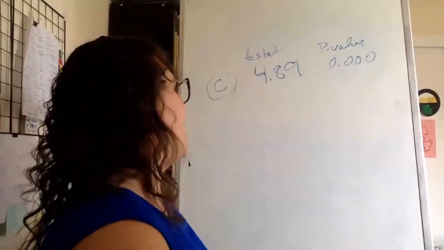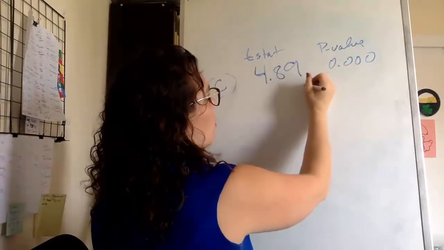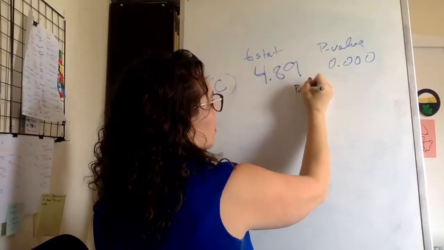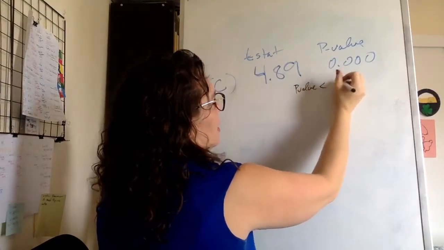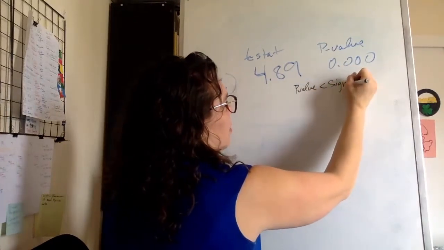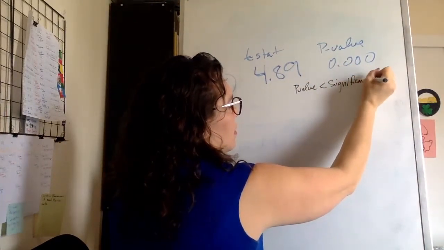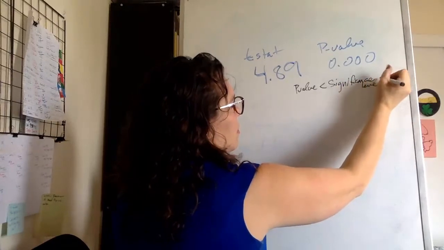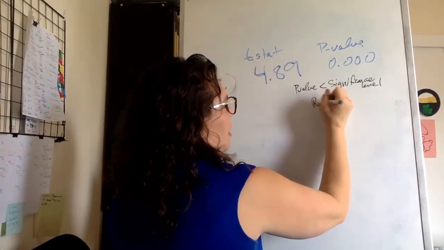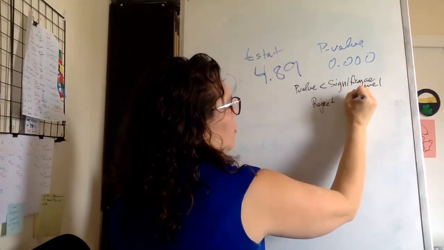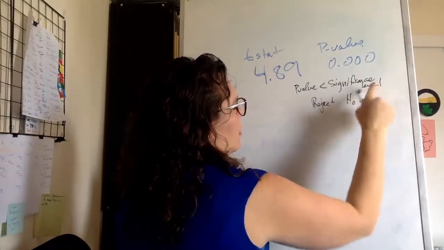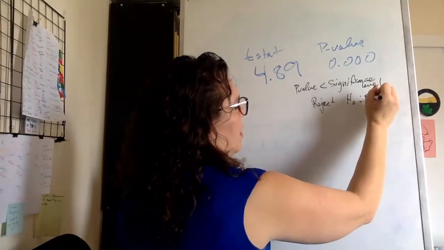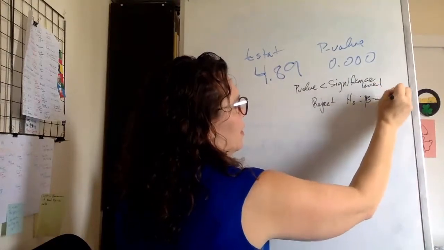So if the p-value is less than our significance level, we can reject the null hypothesis, which is that beta, the true value of beta, is equal to 0.